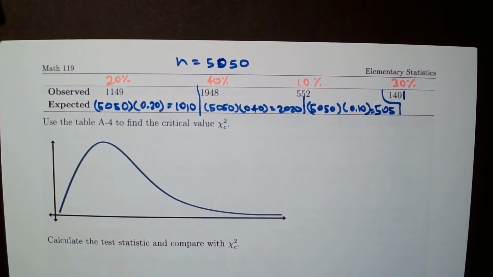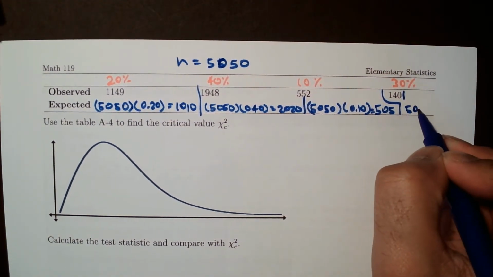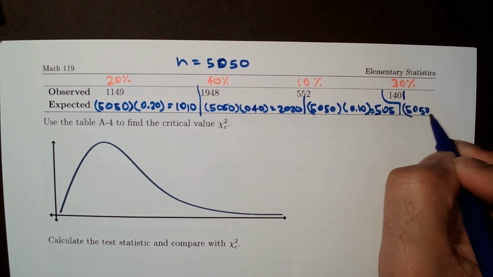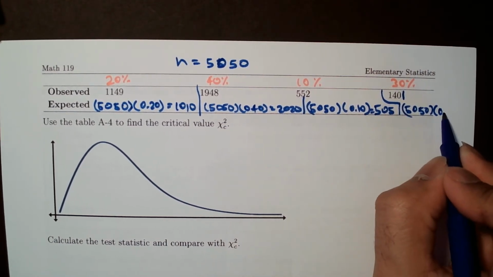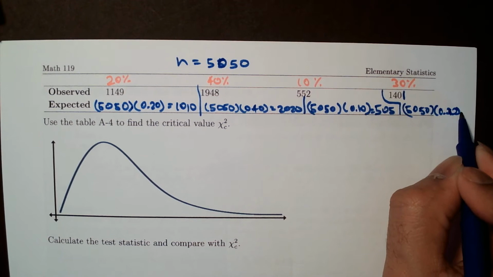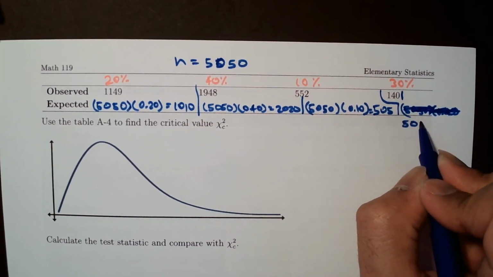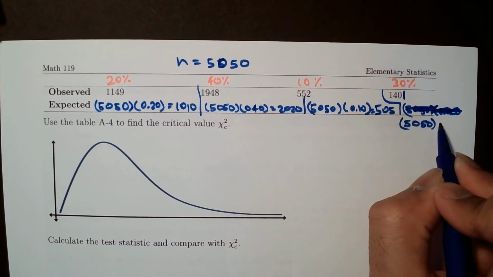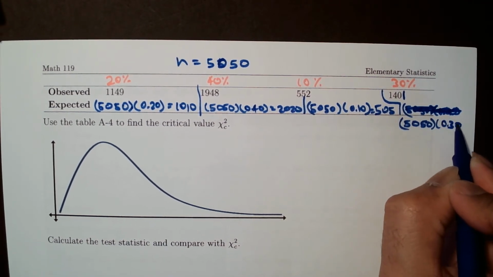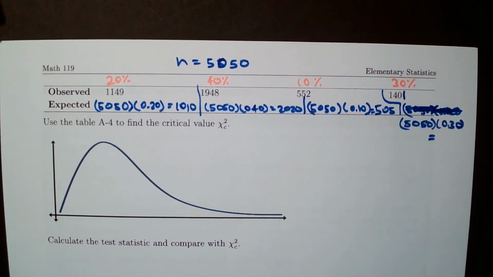And last but not least, 5050 times 0.3. And that's going to give us a total of 1515.